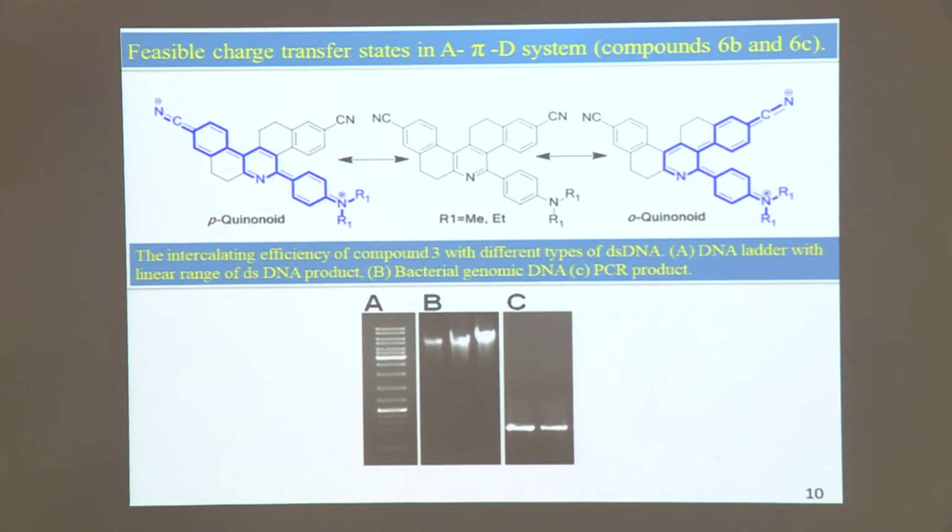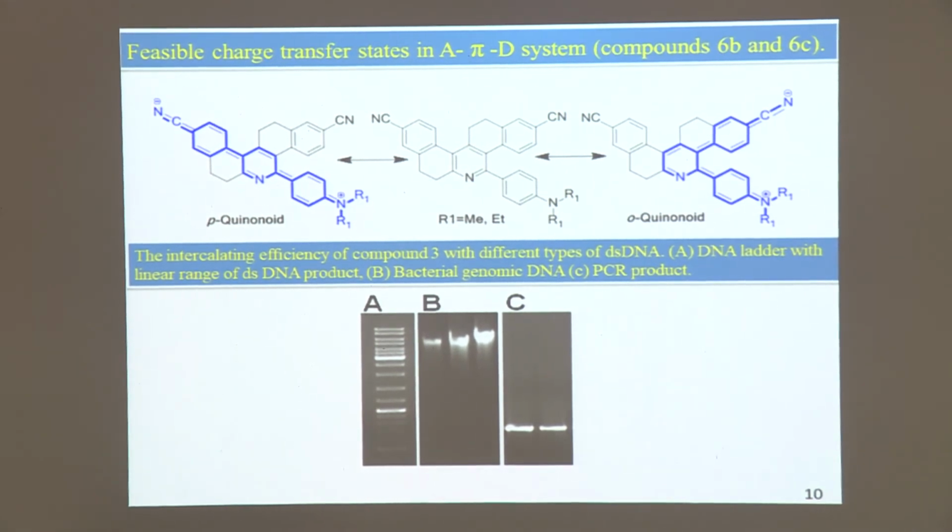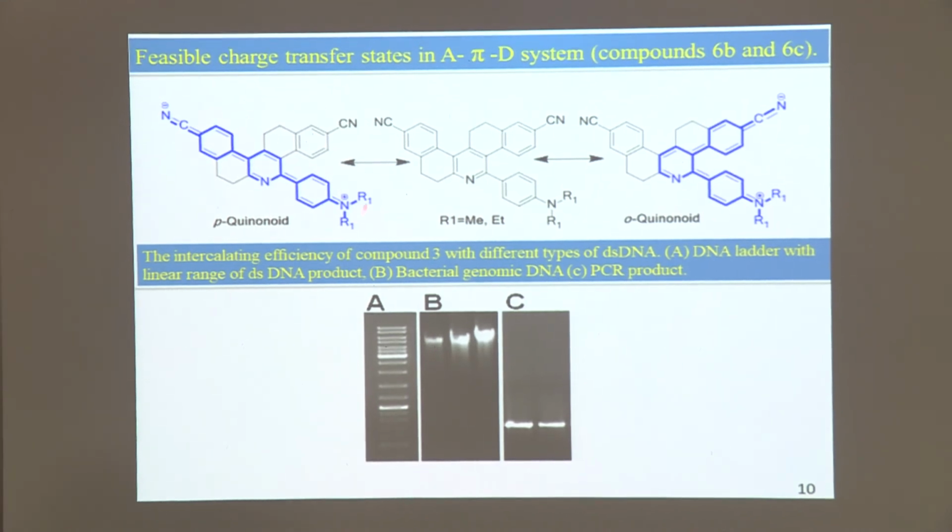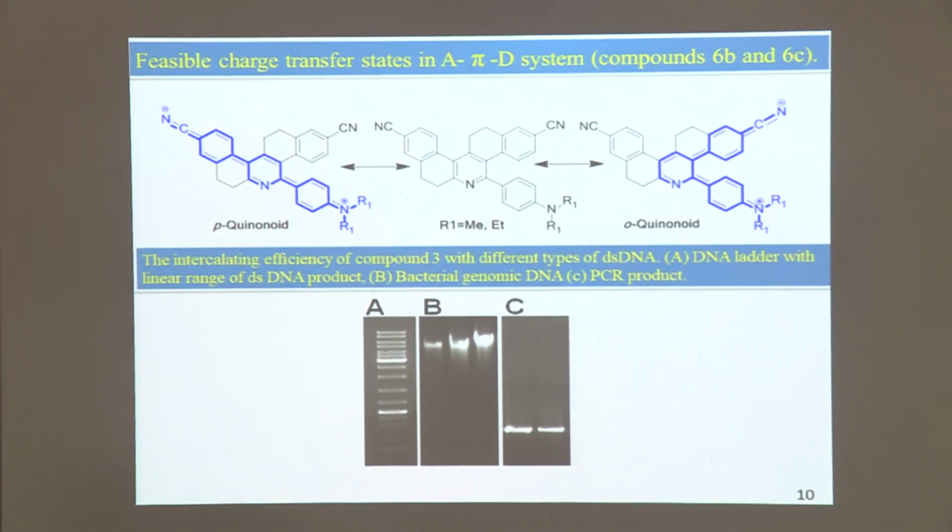Next, when we go to the mechanism, this is the mechanism, that is the normal quinonoid and benzenoid structure. So the center one is the benzenoid structure, and this one is the quinonoid structure. So this is acceptor pi donor. So this is acting as the donor, and this is acting as the acceptor, this is the pi system.